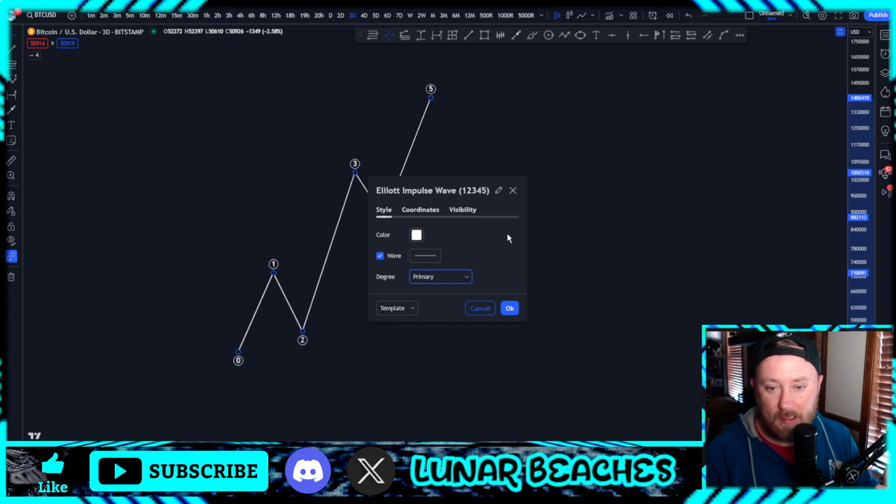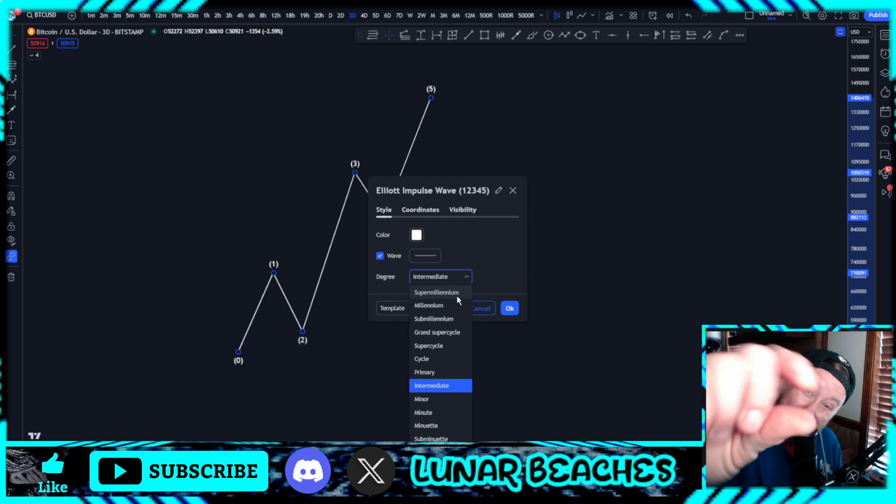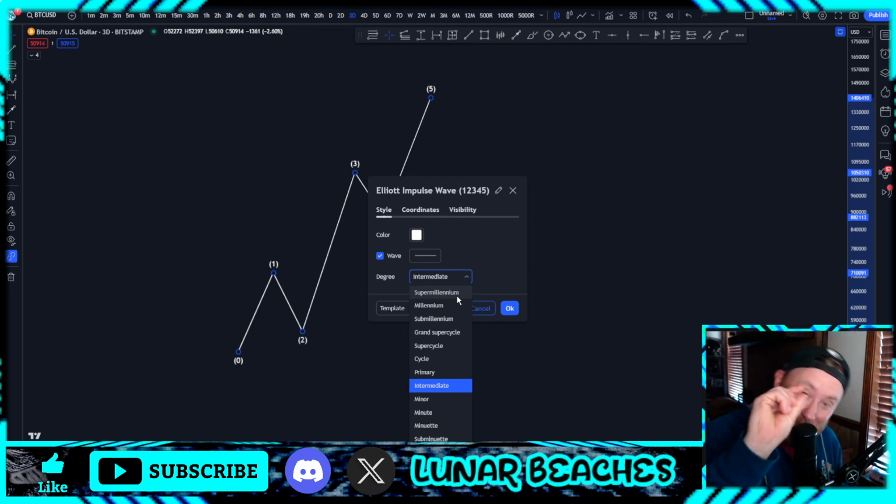So let's go ahead and label this. You can double click on your waves, go to the style, and go to your degree, and you can get all different types of labeling, from the super top of a cycle, the super mega cycle, all the way down to the really tiny time frames.